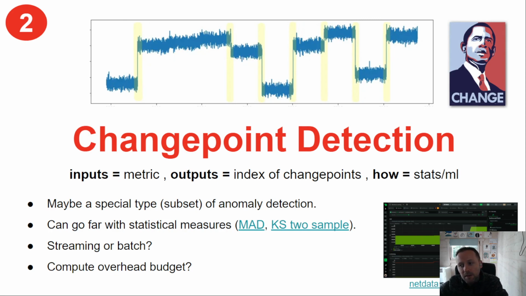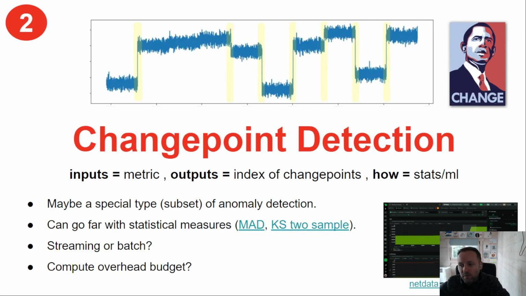Your time series may change, and a sudden step change can be normal. But if you have a window of time you're looking at, then a change might still be interesting. This is short-term change detection, where you want to know what changed recently and suddenly, because that's maybe where I continue my journey exploring. Here we're looking at a similar setup where the inputs are the metrics, and the output is an index of change points.